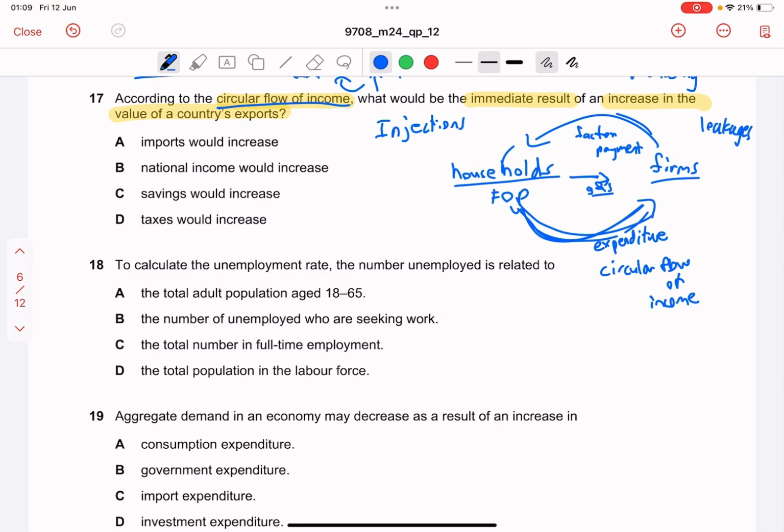So the injections include government spending and investment. And your leakages include savings and taxation.